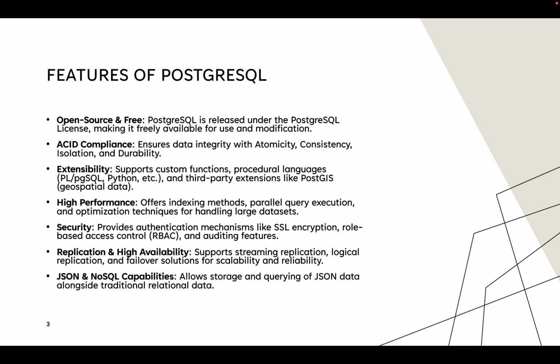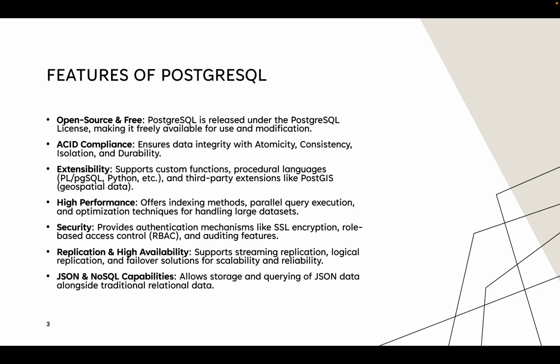Number 3, extensibility. It supports custom functions, procedural languages, and third-party extensions like PostGIS. Number 4, high performance. It offers indexing methods, parallel query execution, and optimization techniques for handling large data sets.